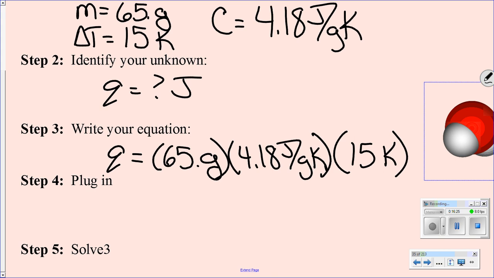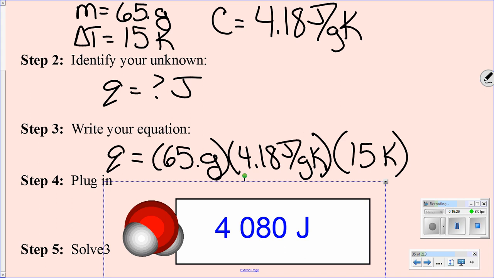And you multiply those to get 4,080 joules.